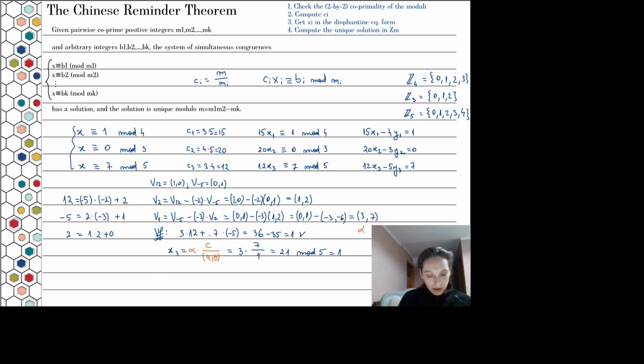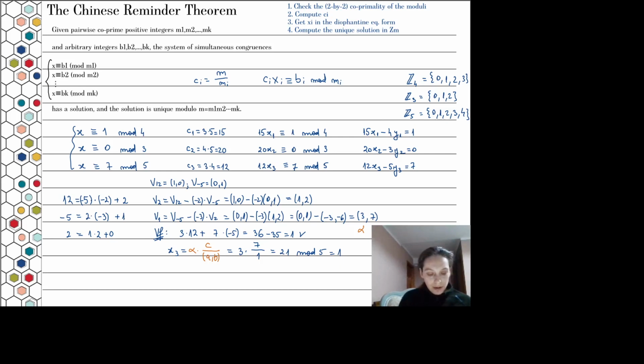As you can see here, this is the last Diophantine equation. We want to compute x3. We are not interested in computing y3 because, due to the fact that we have a congruential equation here, we are only interested in finding x.